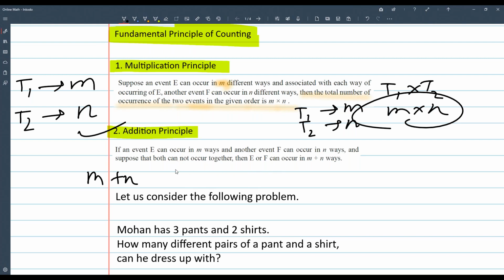Either task 1 will complete or task 2 will complete. One of the tasks will complete, not both. In that case, we do addition. And if both the tasks are going to complete together, we multiply. So this is the basic rule, what we call the fundamental principle of counting.